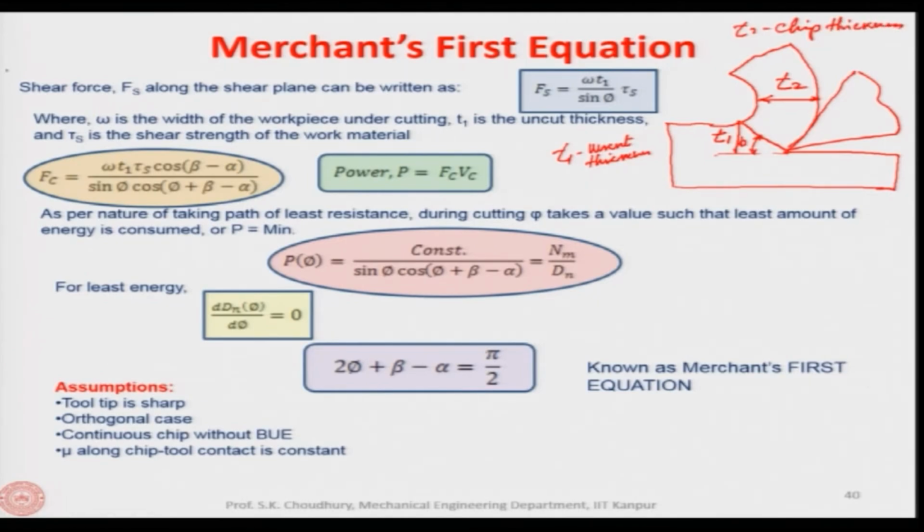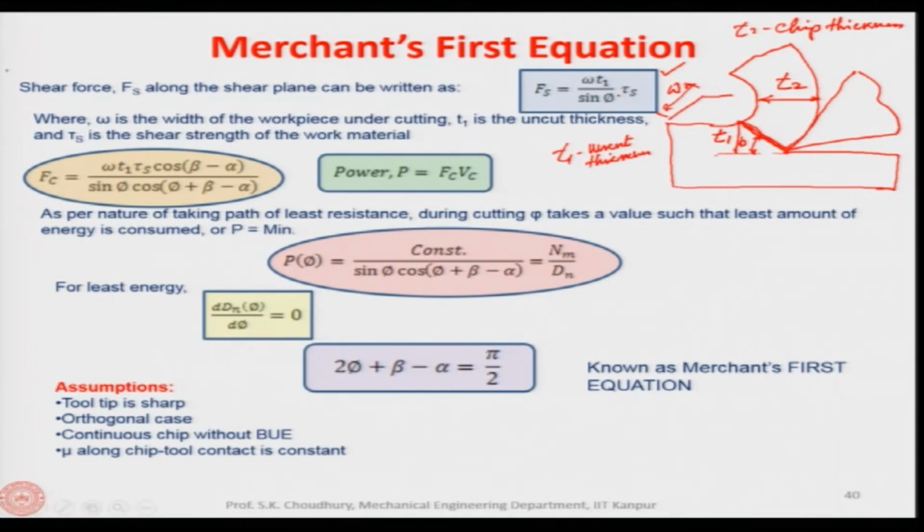Now, therefore, the area of the shear plane can be found out if we know, for example, the width of cut W, into T1, which is projected here, divided by sine of phi. From this diagram you can find out how Fs can be found out. This is the area of the shear plane and this is the stress.